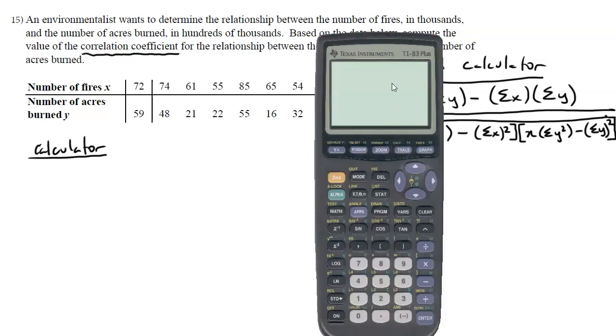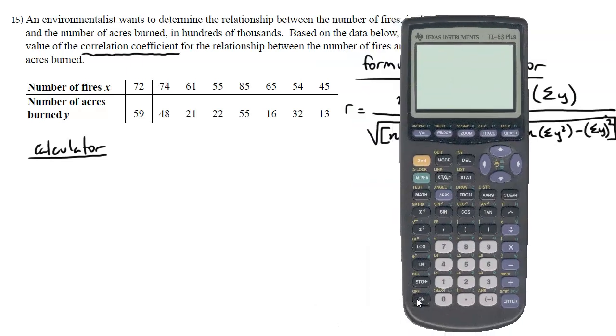So I'm going to use my calculator. I'm going to go to Stat, Edit, and enter my x values in column L1: 72, 74, 61, 55, 85, 65, 54, 45.